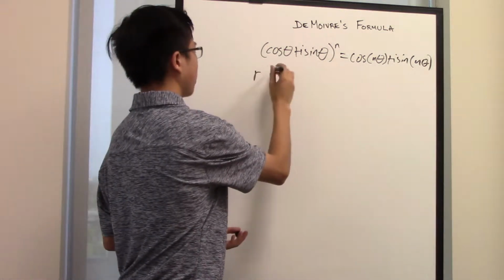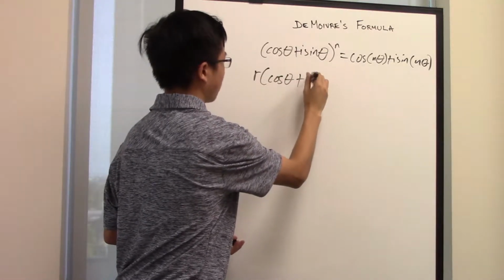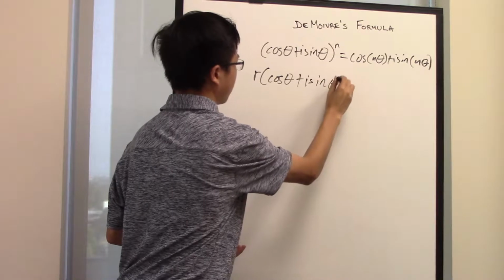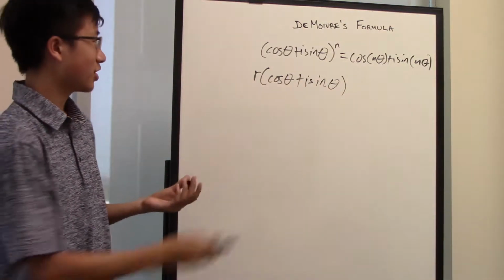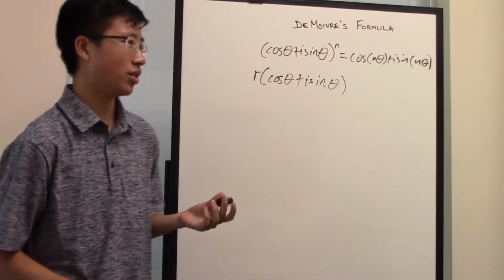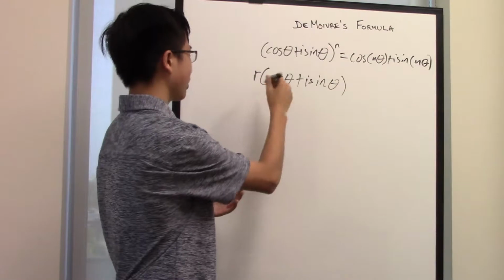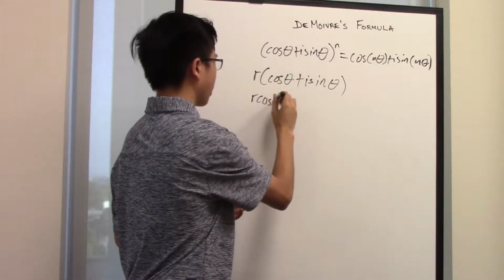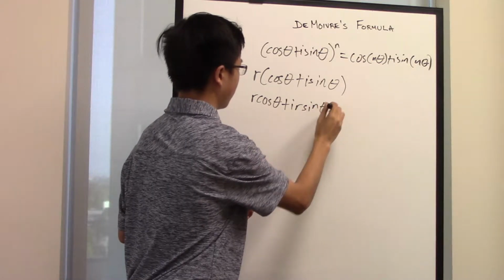So the polar form of a complex number is just r times (cosine of theta plus i sine of theta). It's actually really similar to the polar form of a normal xy coordinate. So this is actually just equal to r cosine theta plus i r sine theta.